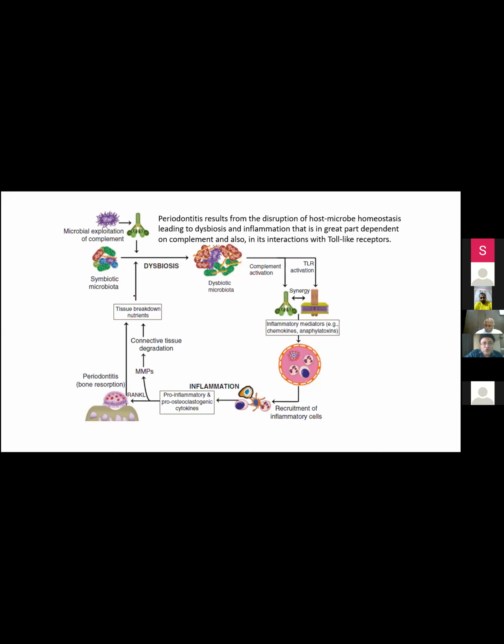So overall tissue breakdown. And the products of tissue breakdown further worsen the dysbiosis, cause more and more conversion of symbiotic microbiota into dysbiotic microbiota. And the circle keeps on revolving. This is why we get a never-ending inflammatory process, which is actually a failed inflammatory process.